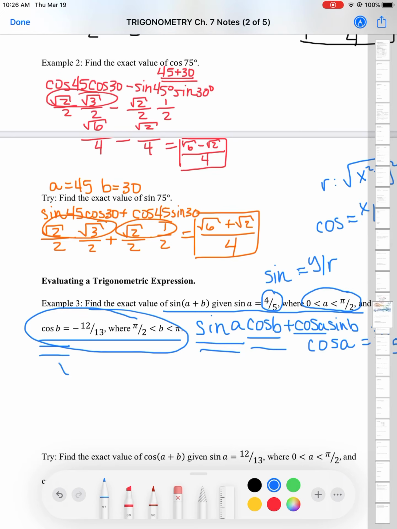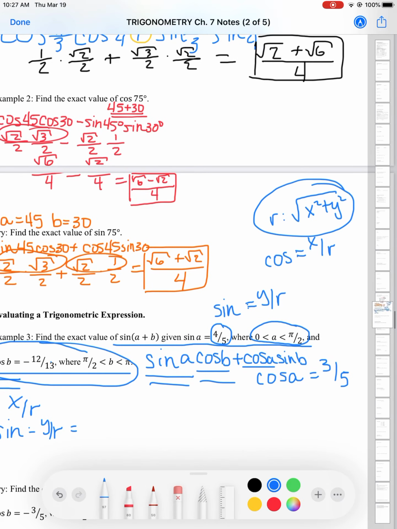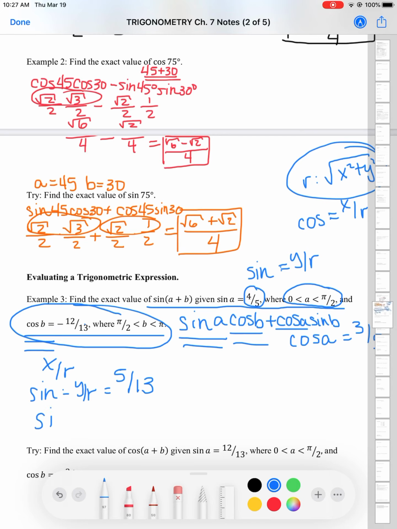If cosine is x over r, sine is y over r. Well, 12 over 13, that's also one of our special triples. You can use this special formula to get it again. But 5, 12, 13 is one of our special triples. So sine B has to be 5 over 13.